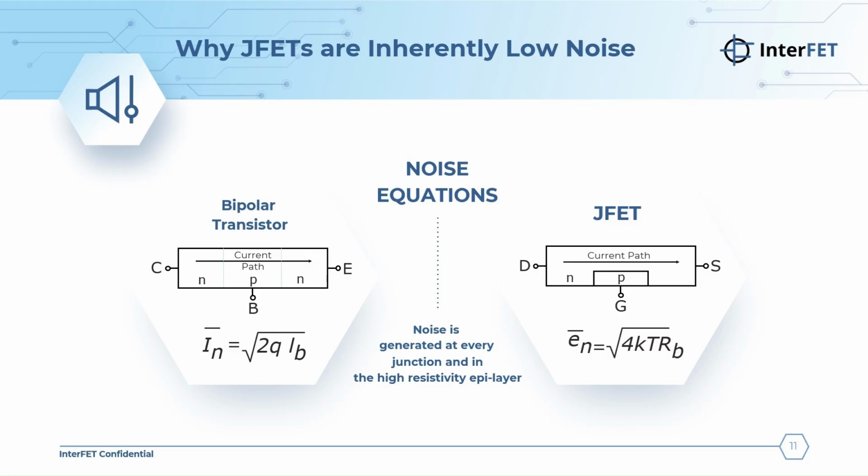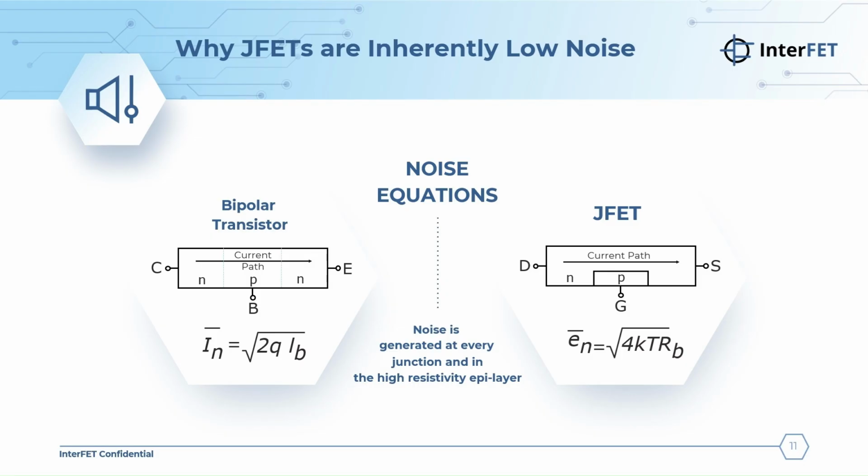One of the biggest advantages JFETs bring to the table is their inherent low-noise performance. To appreciate this, let's compare them briefly to bipolar transistors. Bipolars rely on current injection at the base, which introduces a level of shot noise that can never fully be eliminated. JFETs, on the other hand, use a voltage-controlled gate with almost no input current. That's the key. It's this physics that allows JFETs to handle the tiniest signals without burying them in unwanted noise.